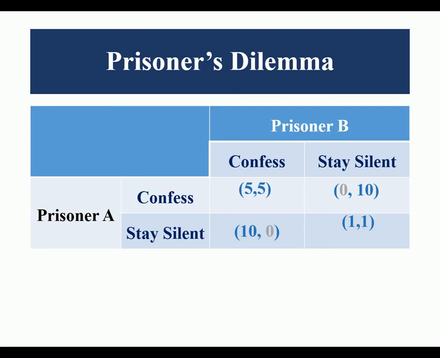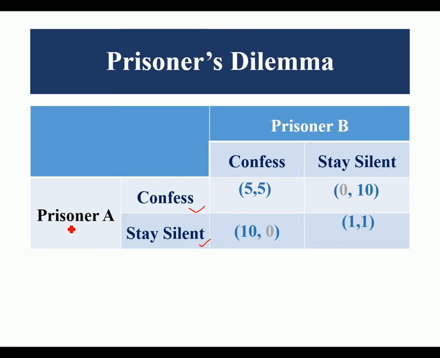So now let's take a look at the prisoner's dilemma table. There are two prisoners, A and B, and there are two options for them, either to confess or to remain silent. Prisoner A can choose to confess or to stay silent. Similarly, prisoner B can confess or stay silent.